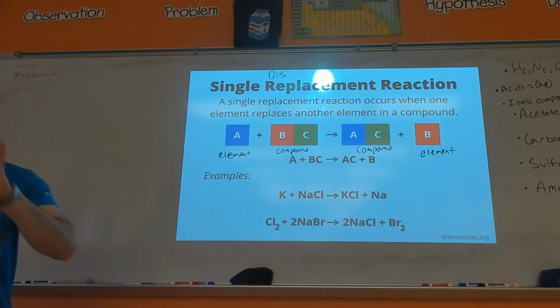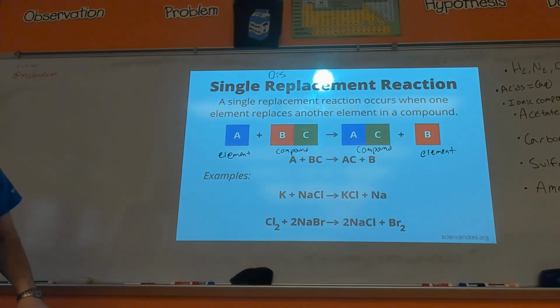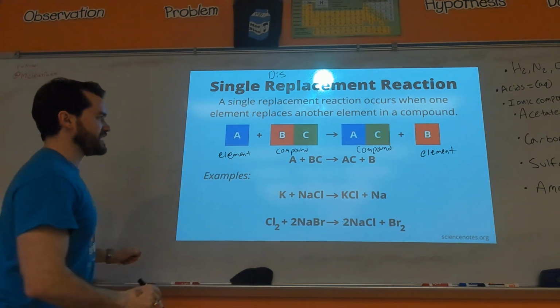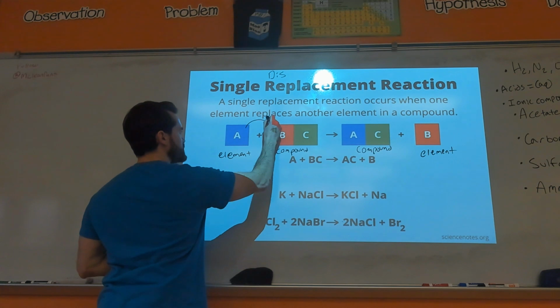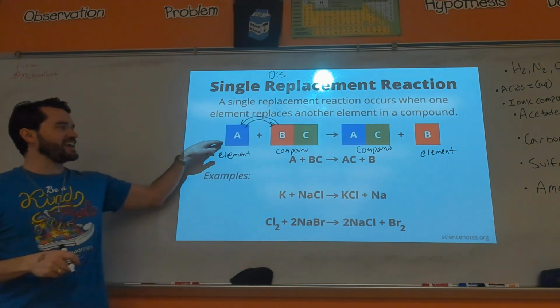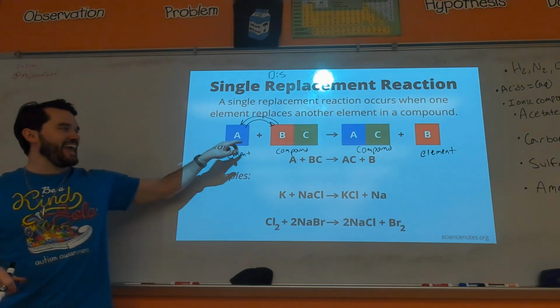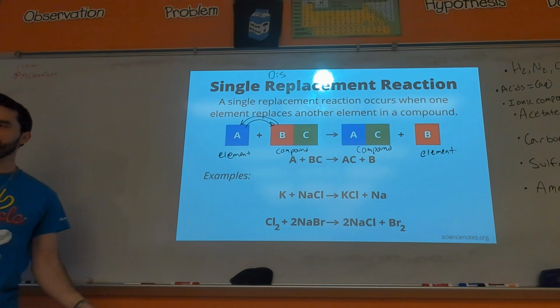So the general formula would be A plus BC gives you AC plus B. So what's happening here is A is swapping positions with B. A is basically coming in and kicking out B. B's by himself, if you will.